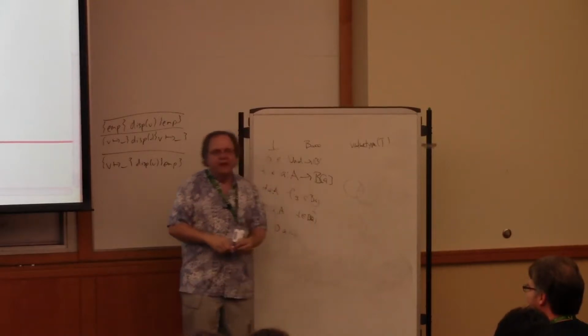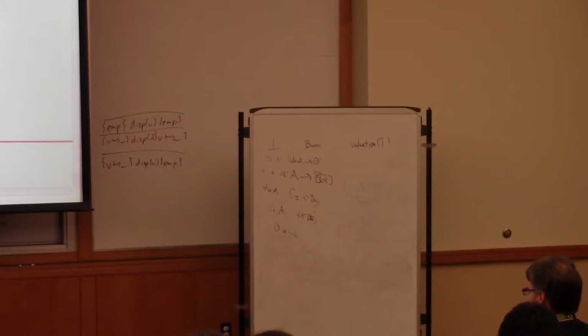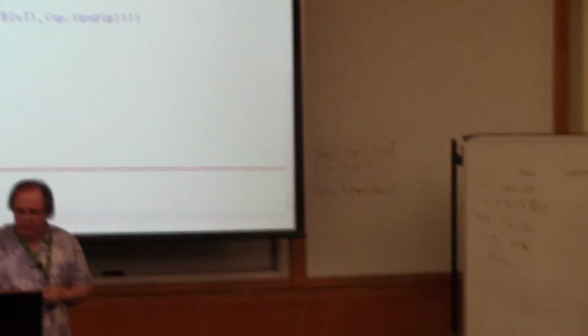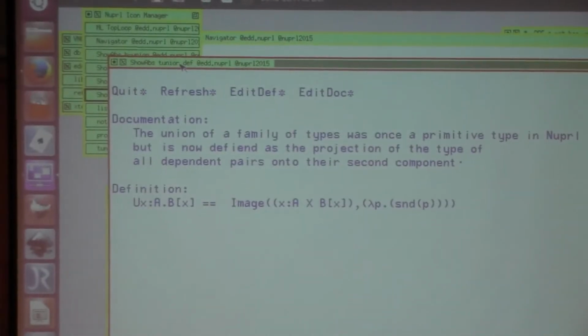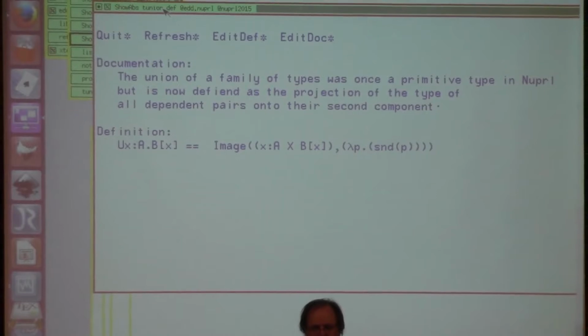So it's a more complicated type to deal with. What are going to be the rules for reasoning about that type? It's kind of complicated, it turns out. So we used to have it as a primitive type, and there were a bunch of rules about it in order to reason about equality in a union, and they weren't actually very good.